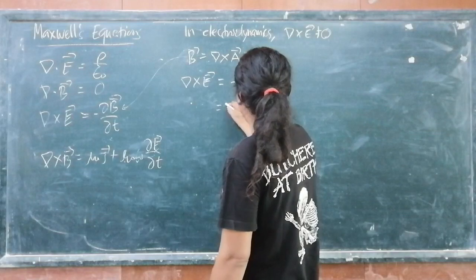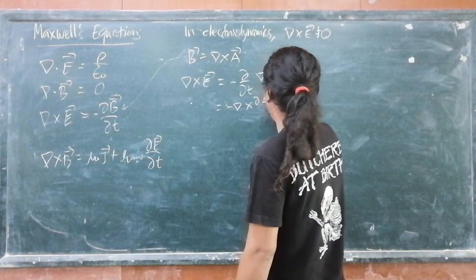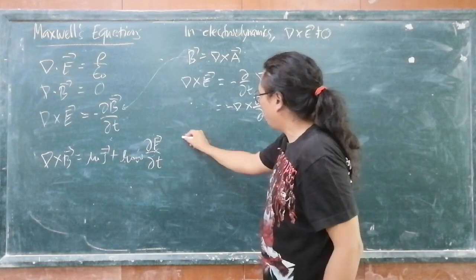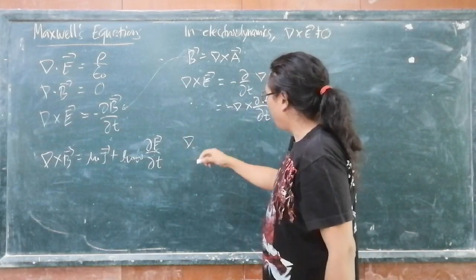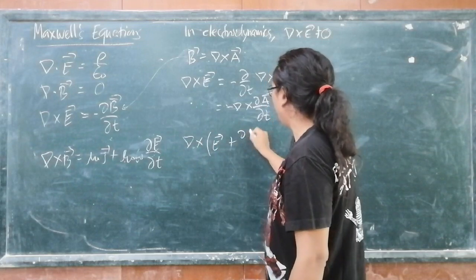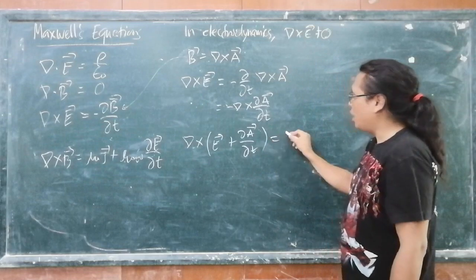So we have minus del cross partial A over partial t, and grouping on the left side, we have del cross (E plus partial A over partial t) equals 0.